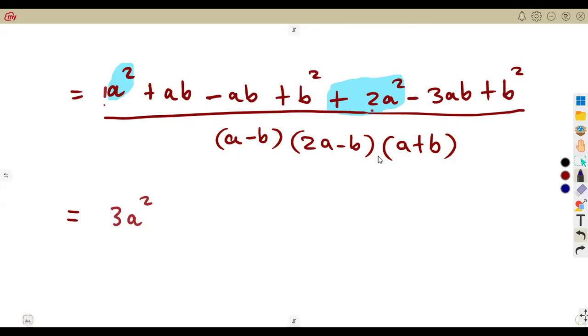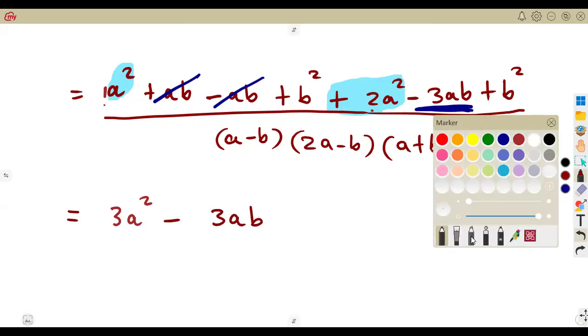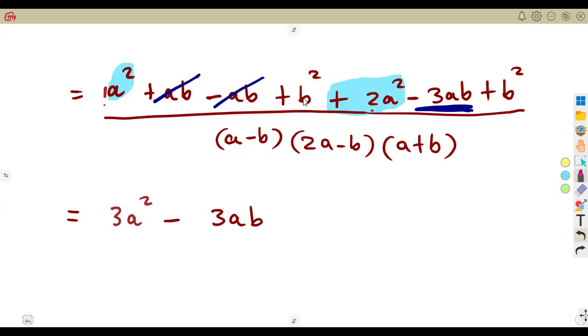Okay, then we have the part of AB. As you can see, AB minus AB cancels. You remain with this one, minus 3AB. This is the one that you remain with. So you're going to have minus 3AB. Then the part of B squared, we have this B squared plus B squared.